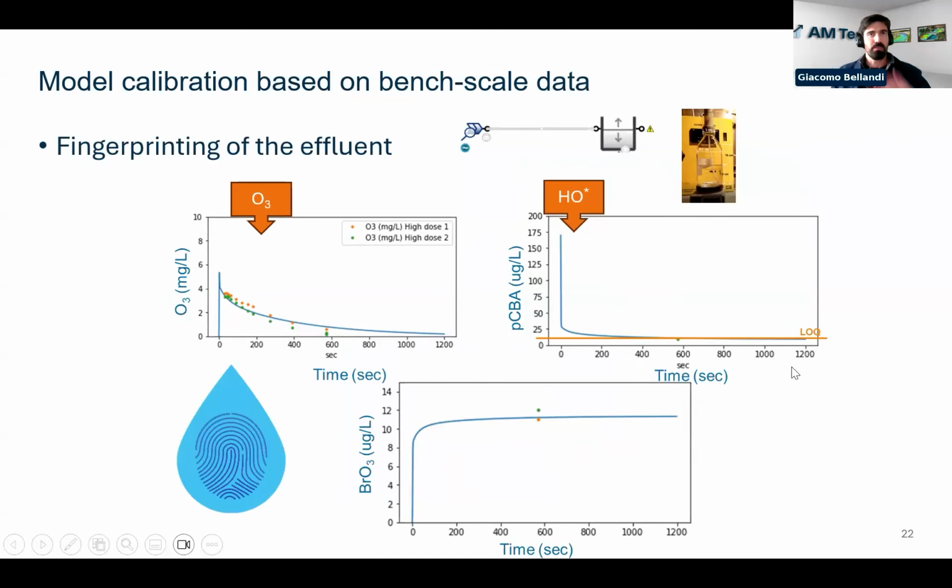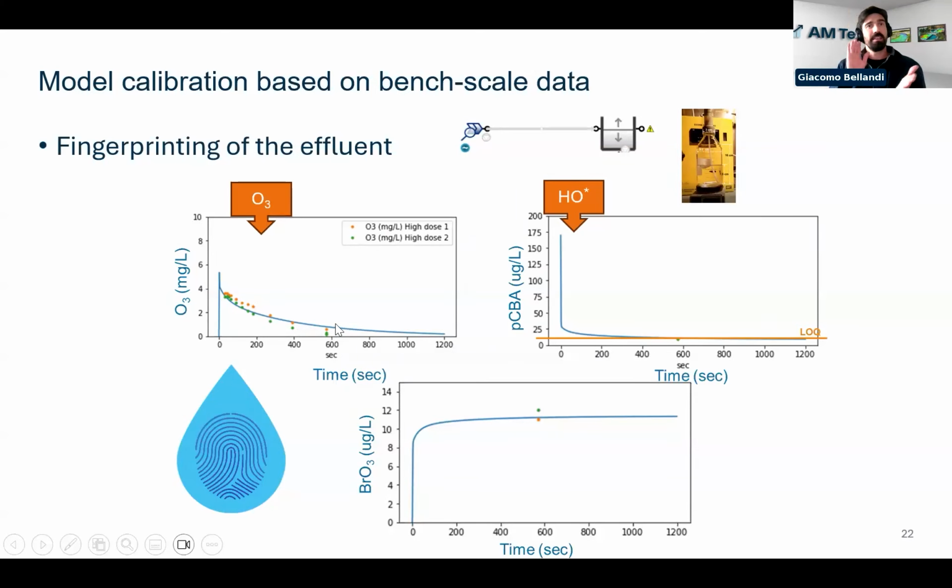Now, this is a snapshot, without going into much detail, of what the batch calibration tests look like. You have the dots, which are the measurements, and they show the ozone depletion in time of a certain water.